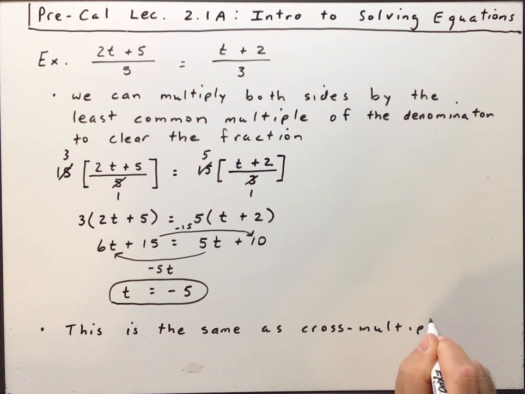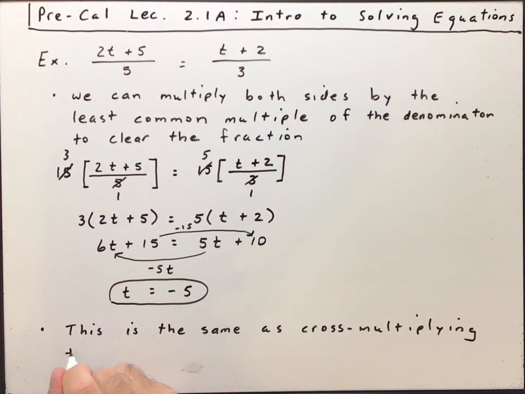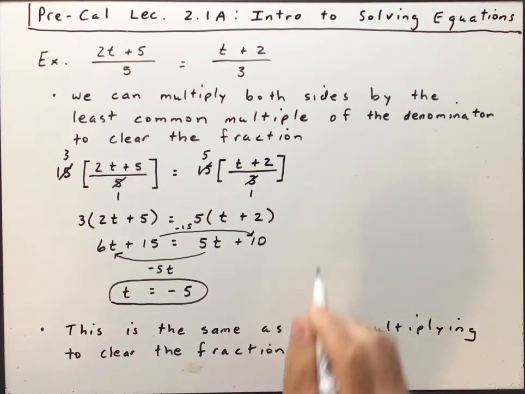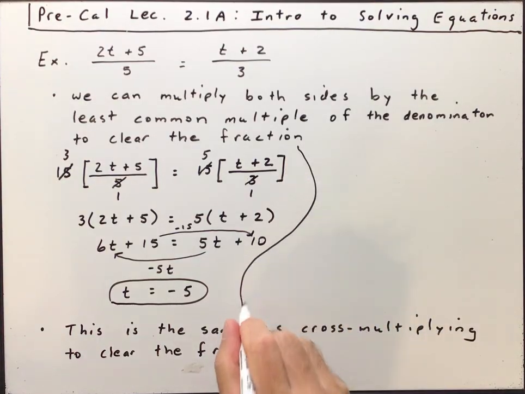So I just showed you the long way to cross multiply to clear the fraction. So let's see if I can do that up here.